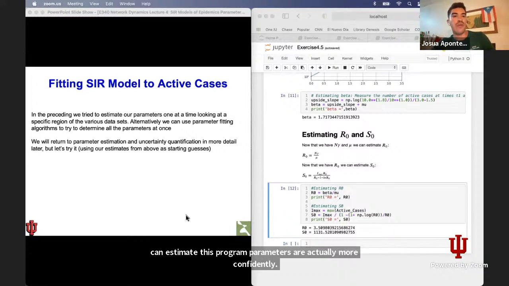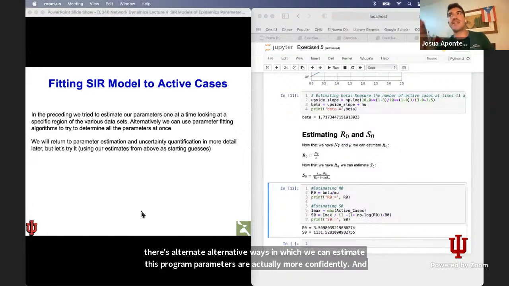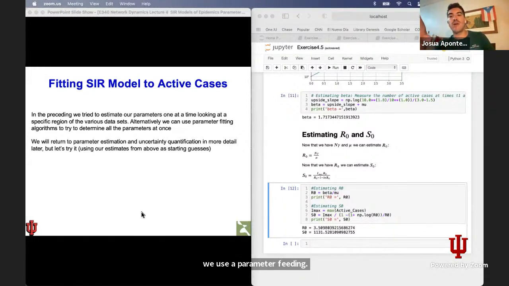We use parameter fitting algorithms that look at the data and simulate the model and try to bring the model closer to the data. And when they bring it closer, they tell you what the values of the parameters are.